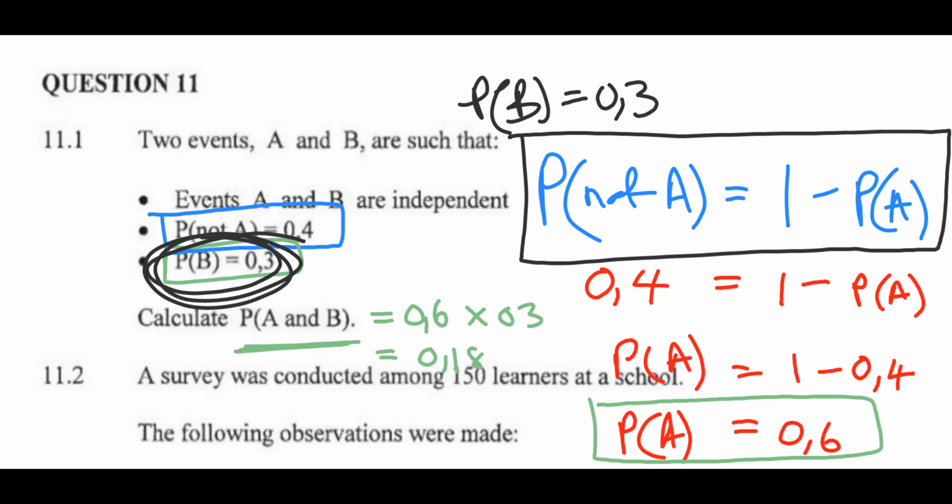If I ask you for the probability of not B, then that would be equal to 0.7, because the chances of it happening or not happening is 100%, in other words, 1. So if you say 1 minus that probability, you get the probability of it not happening.